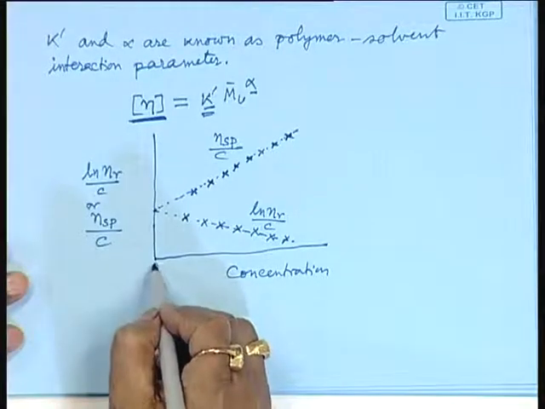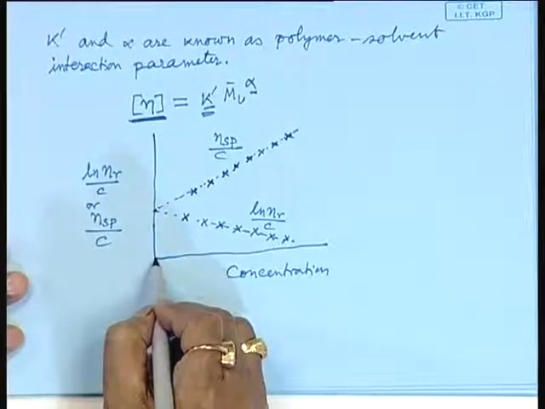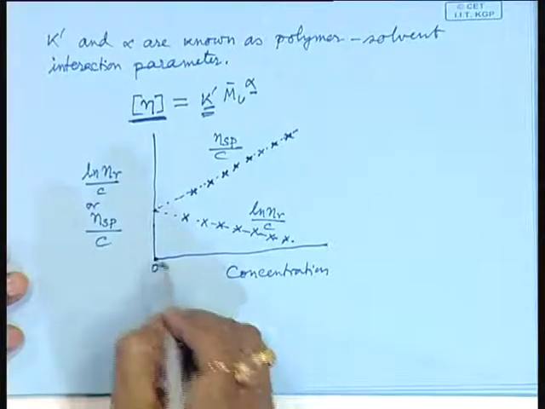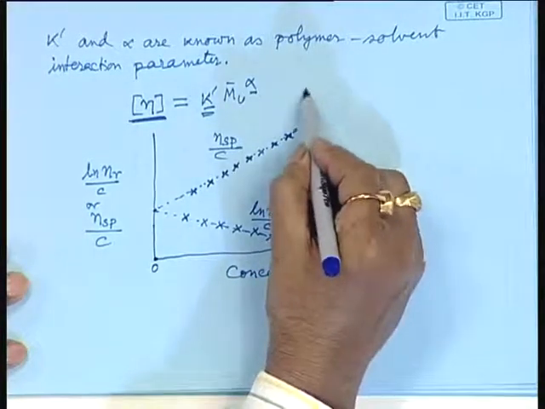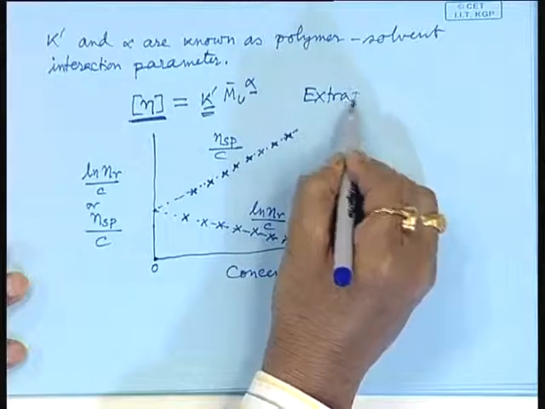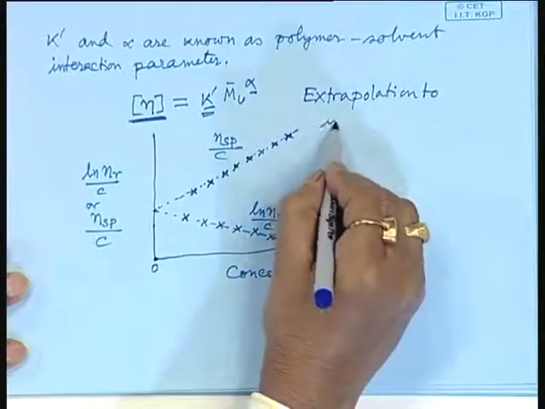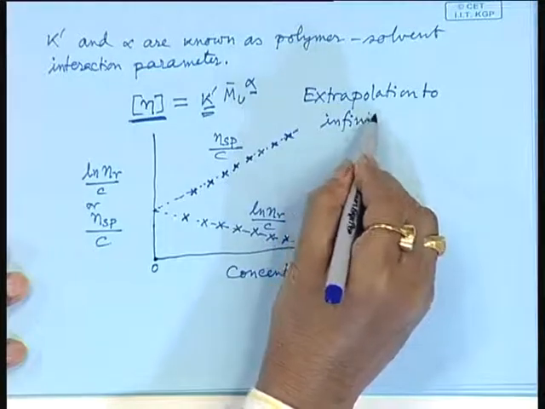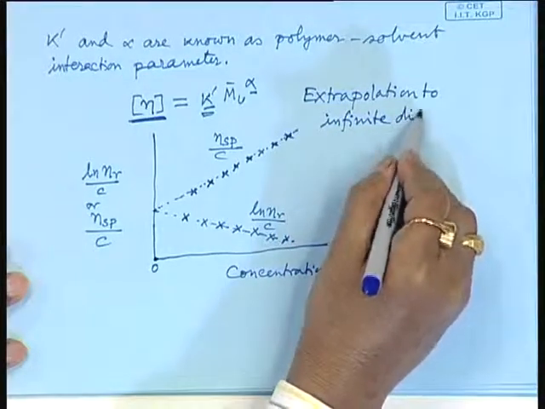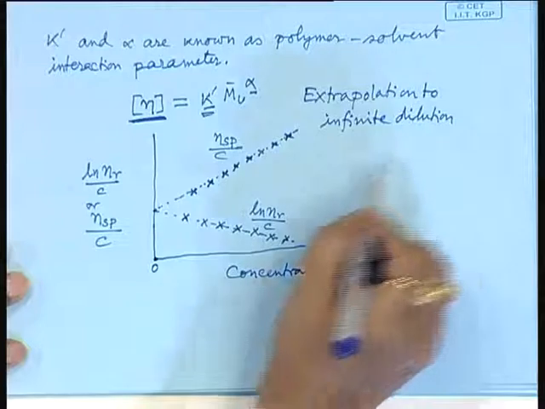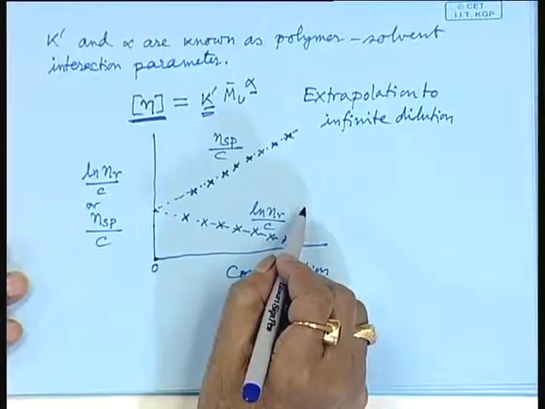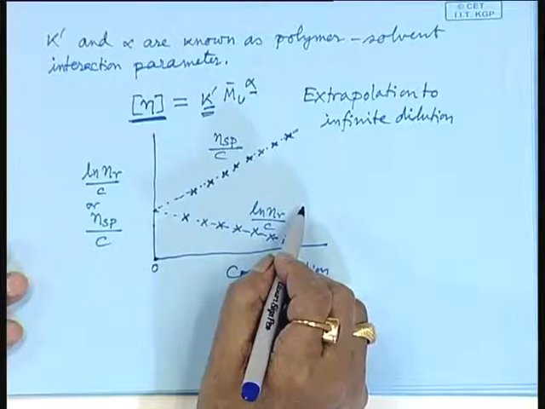That means, at 0 concentration, which is known as extrapolation to infinite dilution.